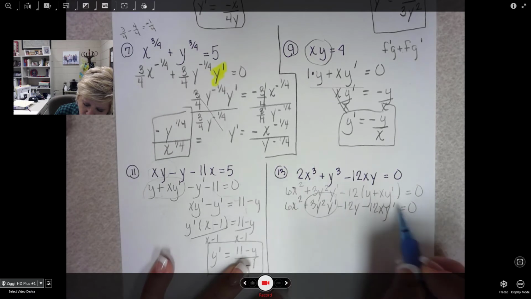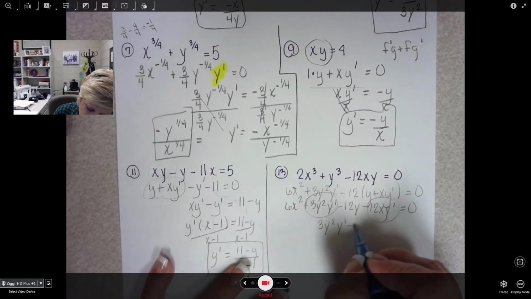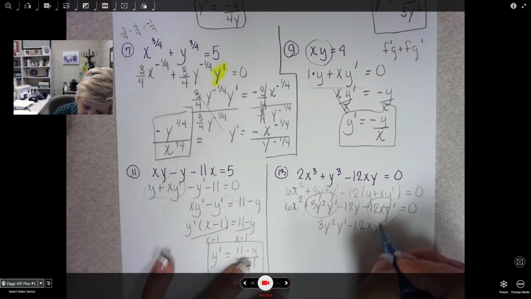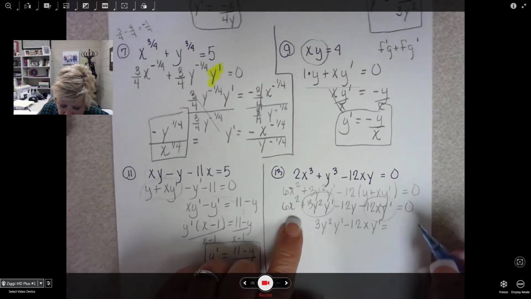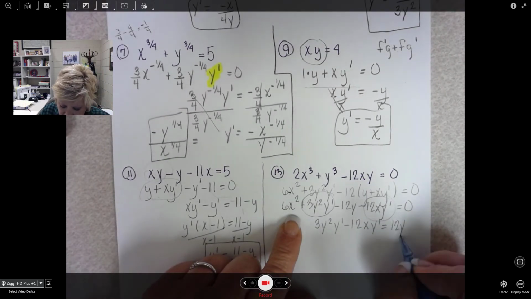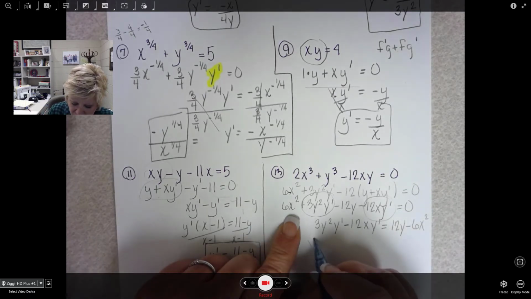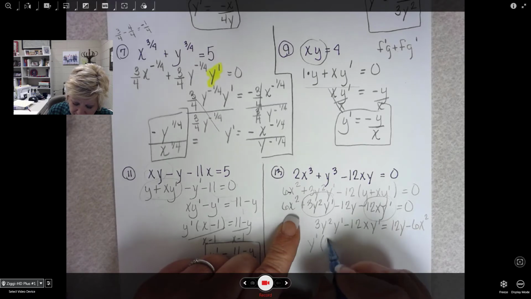Let's pull out our y prime terms. 3y squared y prime minus 12x y prime equal, oh gosh, 12y would be positive and a minus 6x squared. Factor out your y prime.